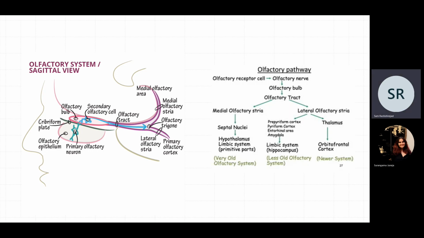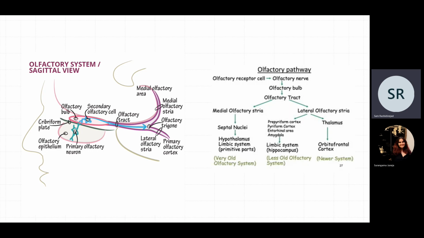which goes to two places. One is basically the periform cortex, piriform cortex, entorhinal area, and amygdala, which go to the limbic system, and is less old than the medial one, but still really old.